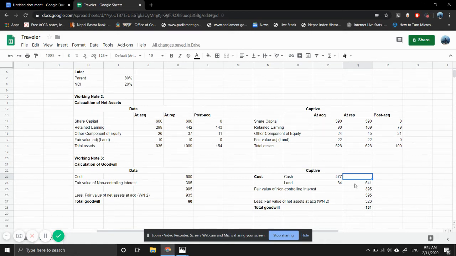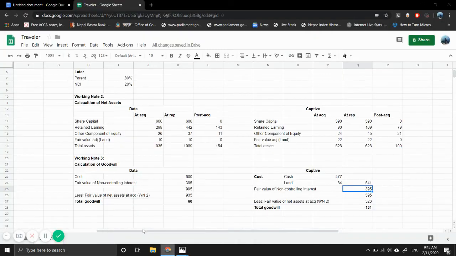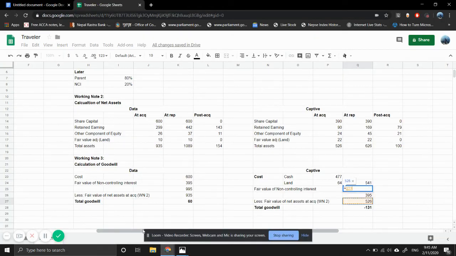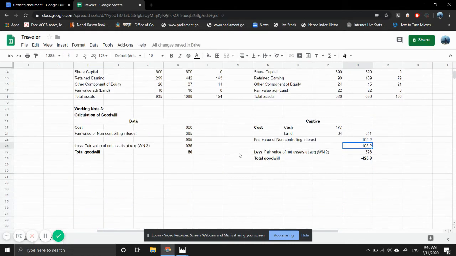And then after that, that figure is already there. What about fair value non-current assets? It's using partial method, isn't it? Partial goodwill method, yep. So what we will need to do is that this figure into 20%, okay? We will need to do that as well. This plus this, right? So that's the goodwill.